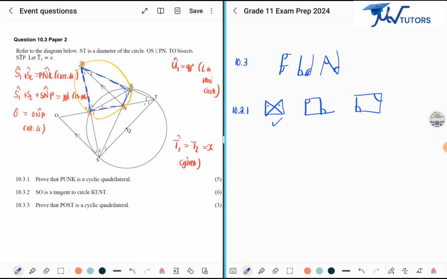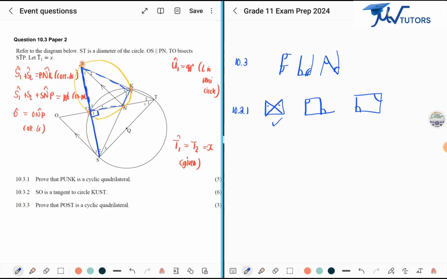All right, and then if I were to, remember, this is 90 degrees, no? So that's 90 degrees. It means that U3 plus U2 is also 90 degrees. Oh, so actually, I can also use the exterior angle in a cyclic quad, which is that U1, which is 90 degrees, is equal to the interior opposite angle.